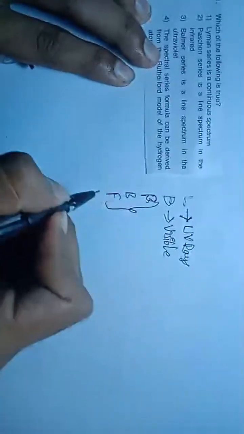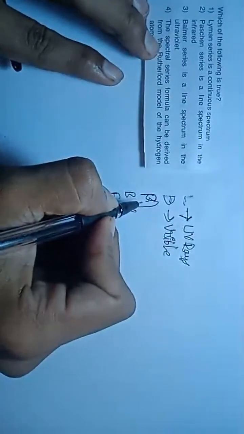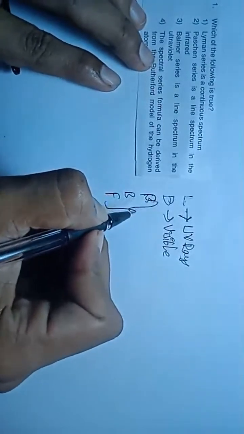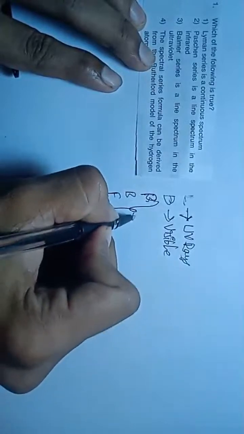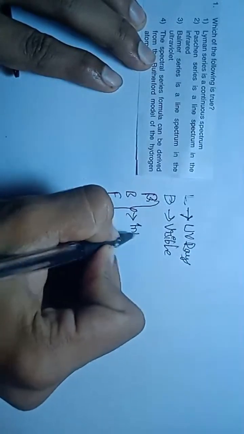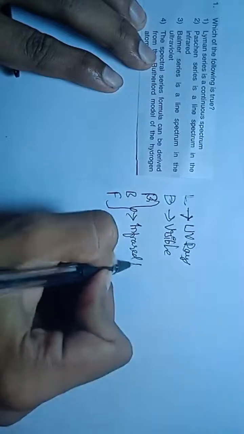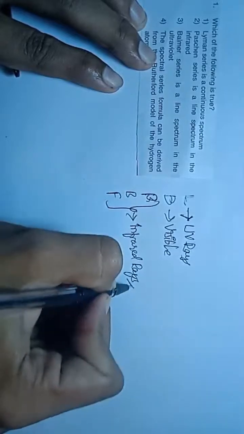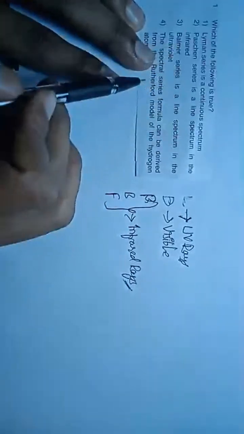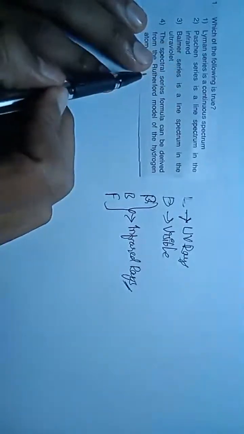Next, all the three, Paschen, Brackett and Pfund series, come under the infrared rays. So the Paschen series is the line spectrum in the infrared rays, which will be the correct answer.